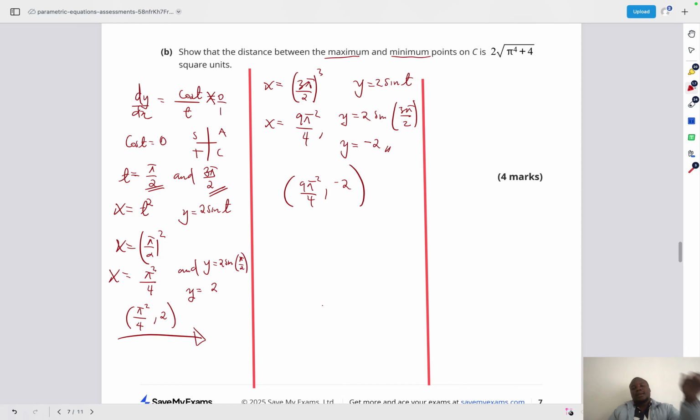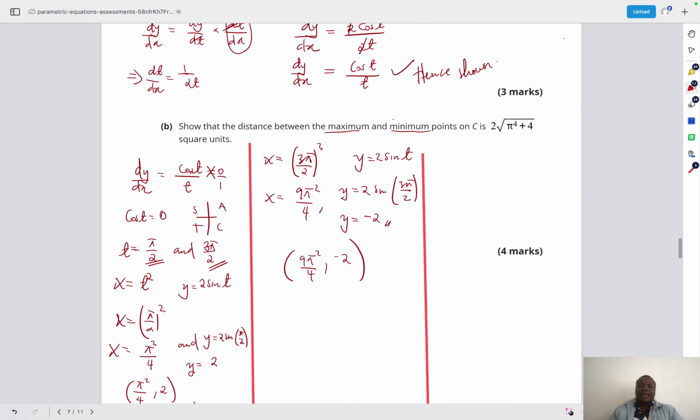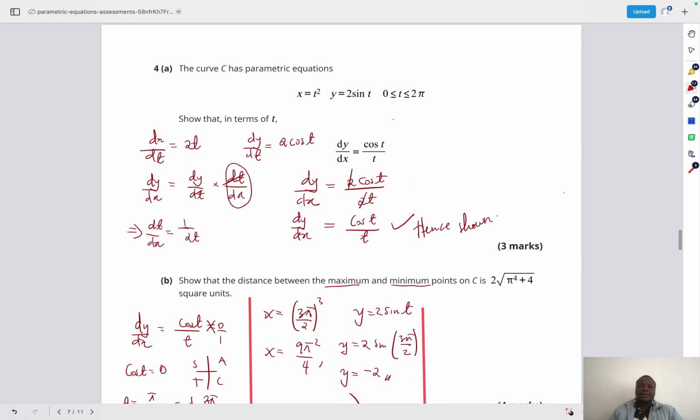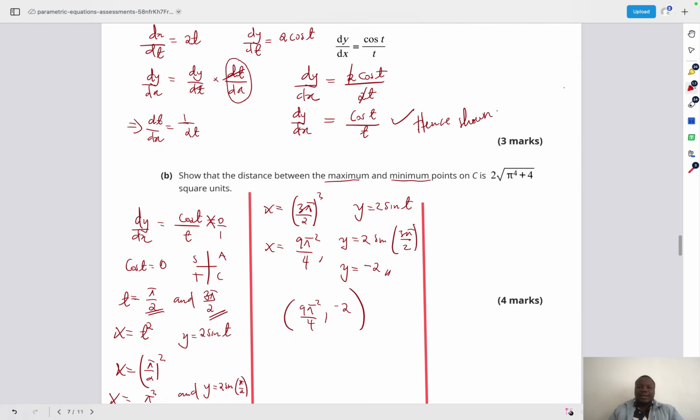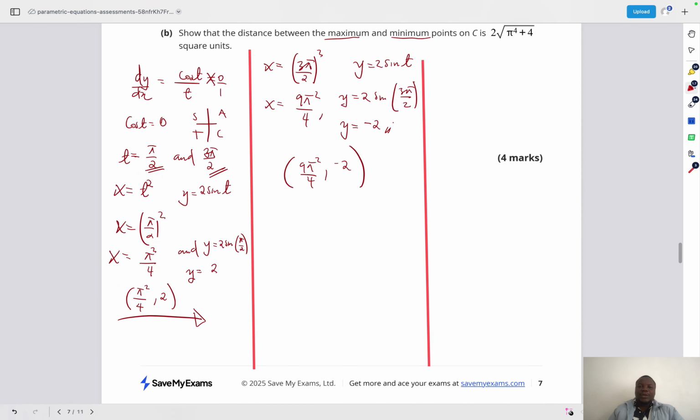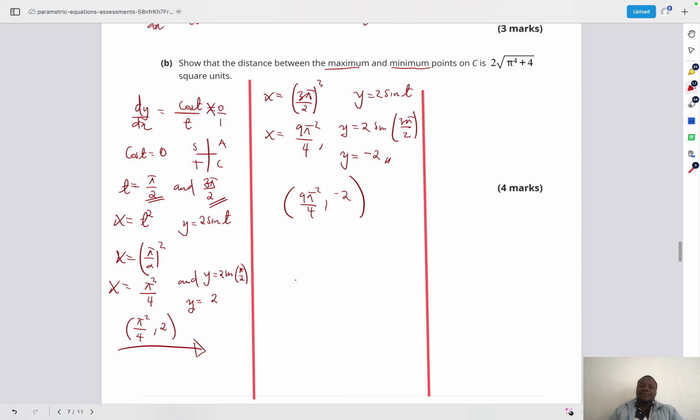Okay, now they are talking about, show that the distance between the maximum and the minimum points on C is that. What we have is x being equal to t squared and y being equal to 2 sin t. Now this is a very nice question, and what I'm going to do is to show you one thing. If you were to draw a rough sine function, let me just try to draw it here.